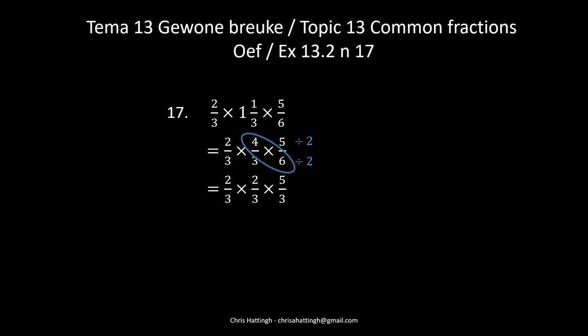So in the next step, you'll have 2 over 3 times 2 over 3 times 5 over 3. You cannot simplify, so you need to multiply the numerators and the denominators. So you're going to say 2 times 2 times 5 and 3 times 3 times 3. That gives you 20 over 27.